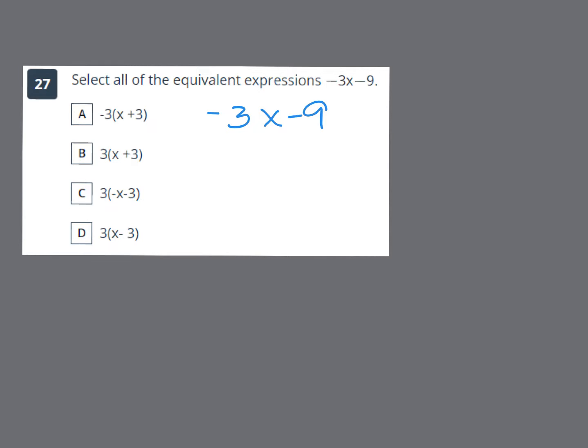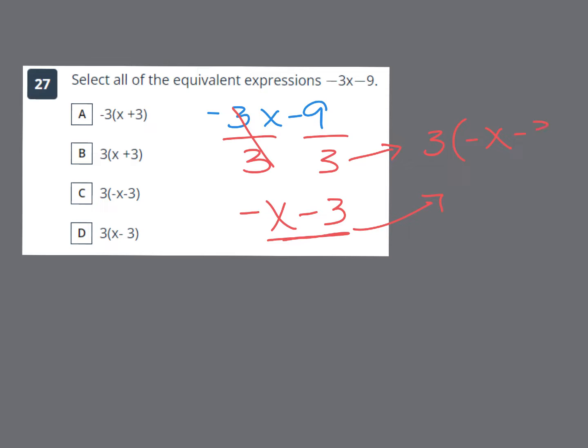So if I say to myself, how many times does 3 go into both of these? I'm sure you can see how those cancel there, but I'm left with negative x. Can't lose the negative. Minus 9 divided by 3 is 3. So if I keep that on my gazinta on the outside, and this on the inside of my parentheses, I'm going to have 3 times the quantity of negative x minus 3.